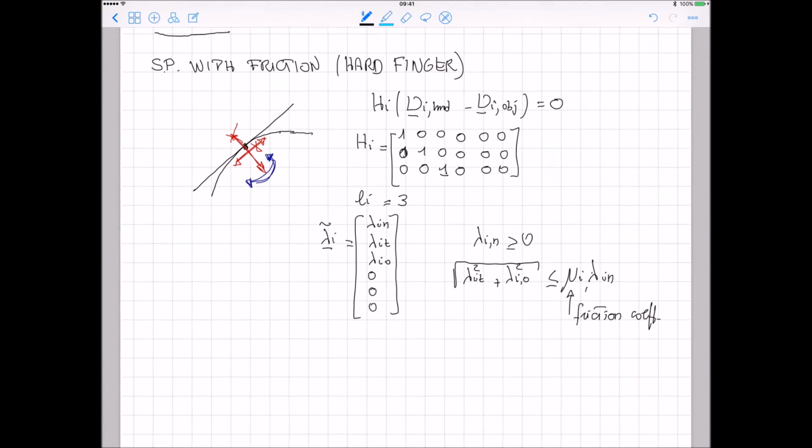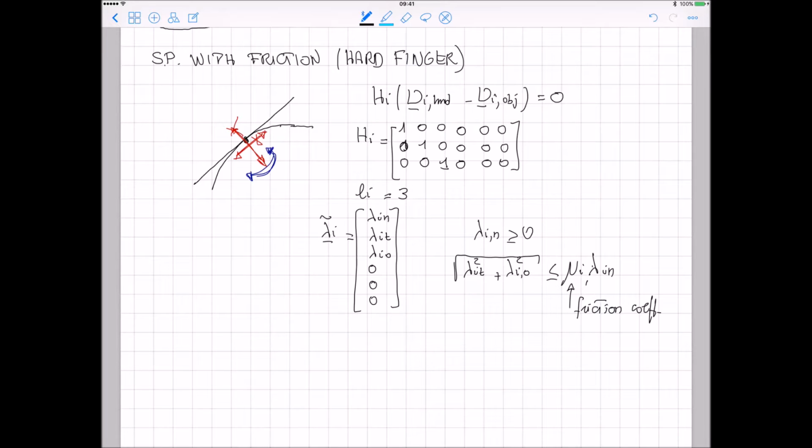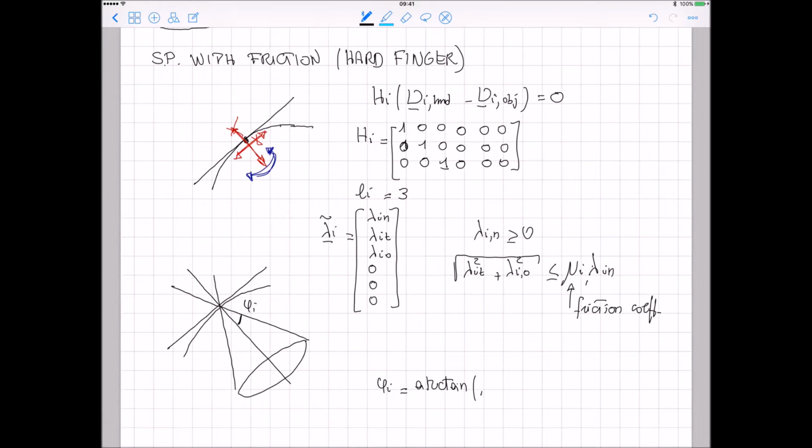And yeah, this contact model also has a quite nice graphical representation, because if I consider this is the finger, this is the object, if I consider the normal direction and I draw a cone here with an angle phi that is the arctangent of mu.